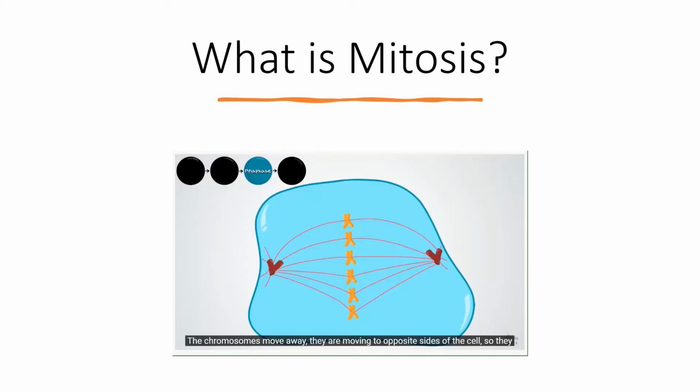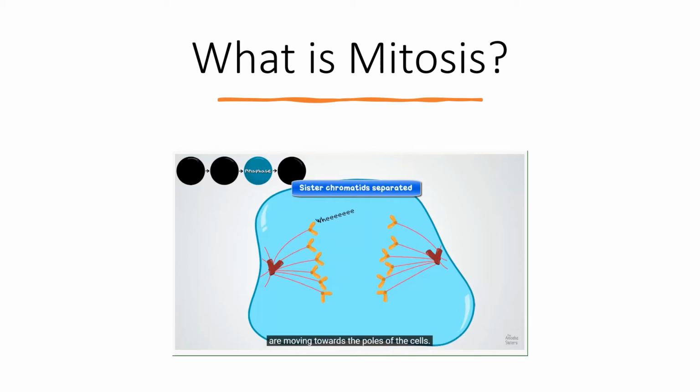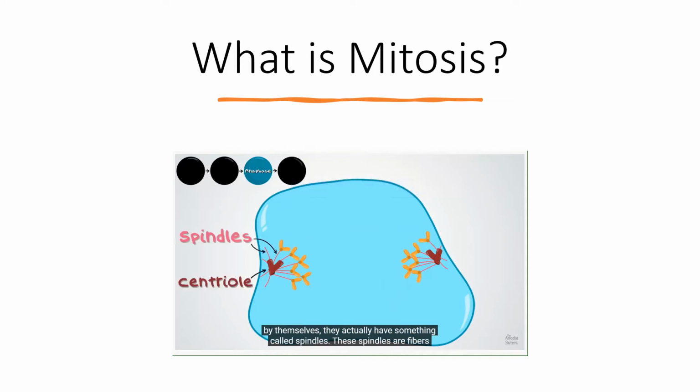The chromosomes move away. They are moving to opposite sides of the cell, so they are moving towards the poles of the cell. Now, one thing to point out, these chromosomes, they're not moving by themselves. They actually have something called spindles. These spindles are fibers that help move the chromosomes to the ends. Kind of helps them move along.